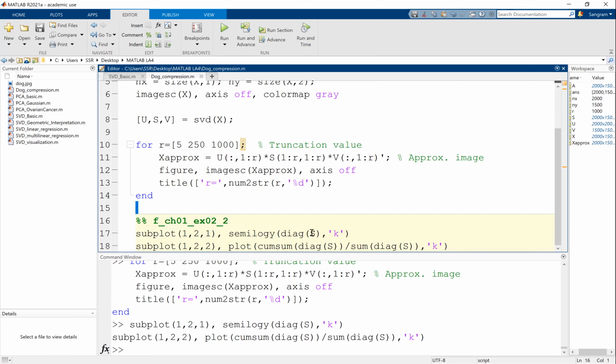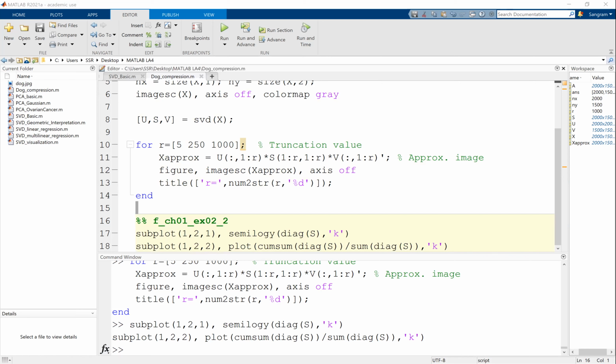S are the singular values. In the second plot, I'm plotting the cumulative singular values because they tell us how much information is retained. As you can see, the first few singular values are very, very high compared to the last singular values, which means the majority of the information is contained in this region. And that's what is shown over here.